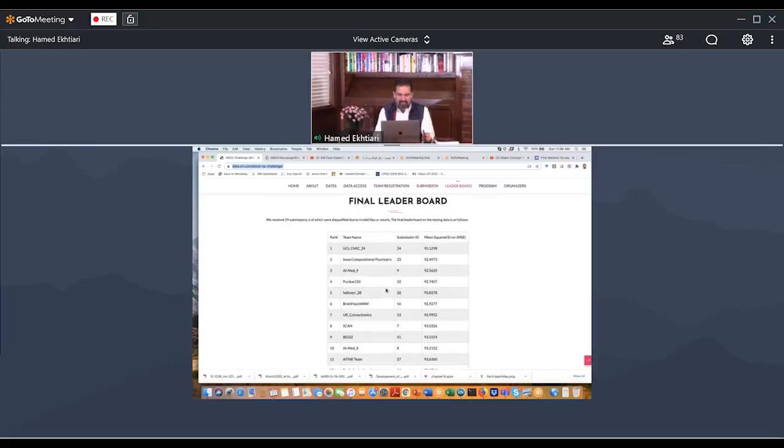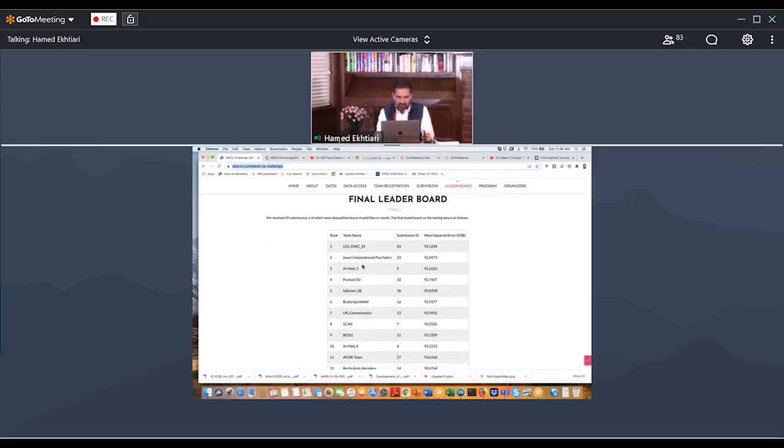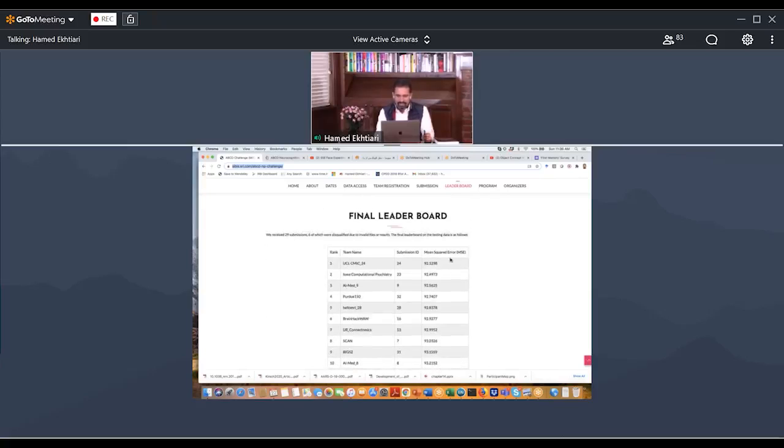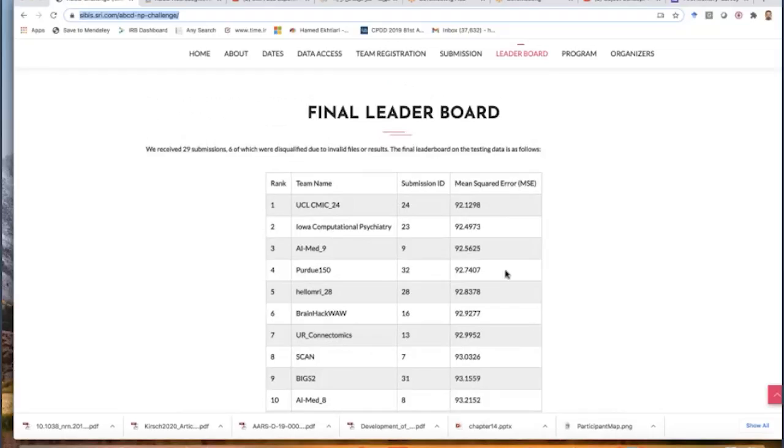And people try to do that. These are the teams that have been successful, from UCL, Iowa, Purdue, different teams around the world. And the lower the mean square error, the better the performance.